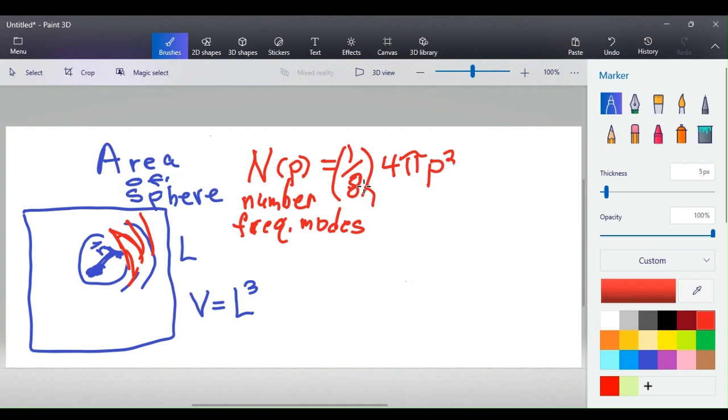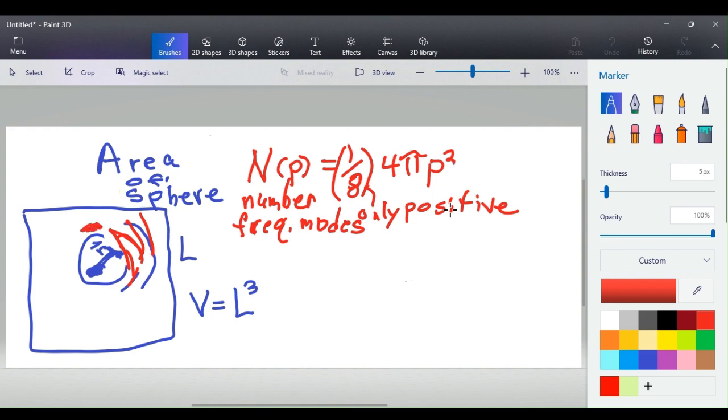Well, it's 1/8 because only positive values are counted. Why are only positive values counted? Well, if you've got frequency modes in the positive direction, let me go over here and wiggle this thing around so you can see what I'm talking about.